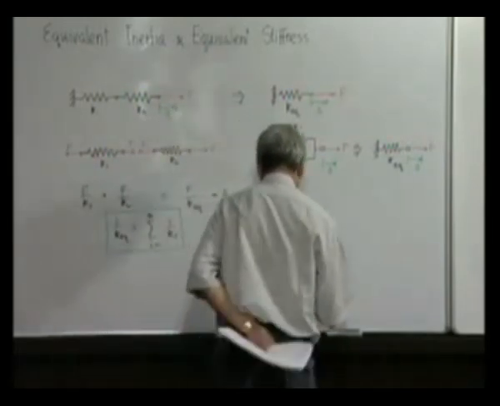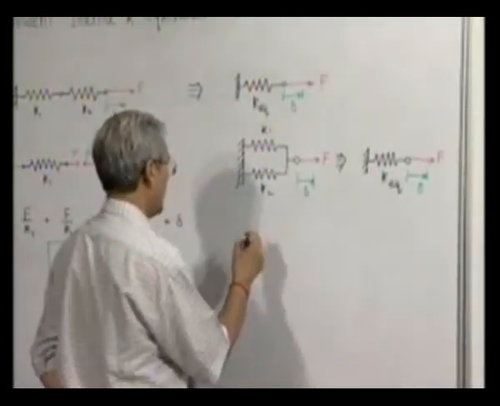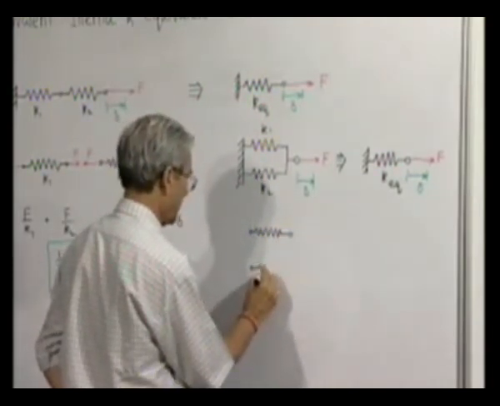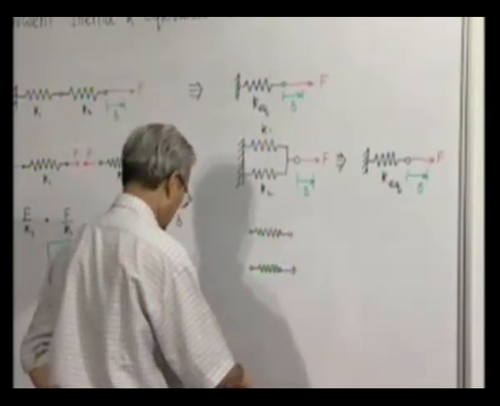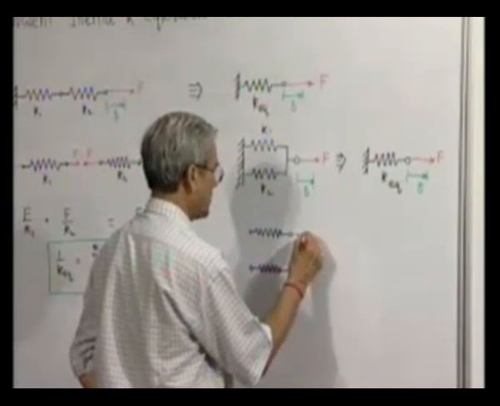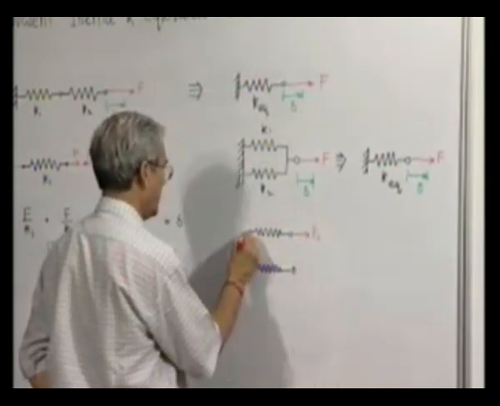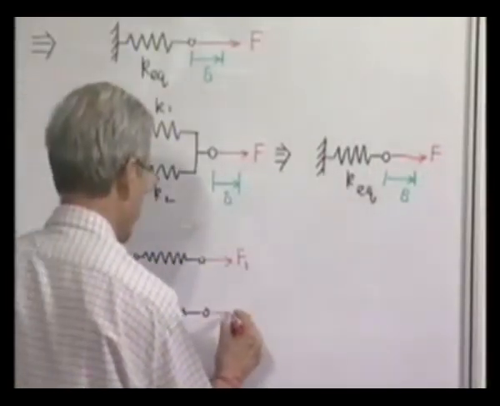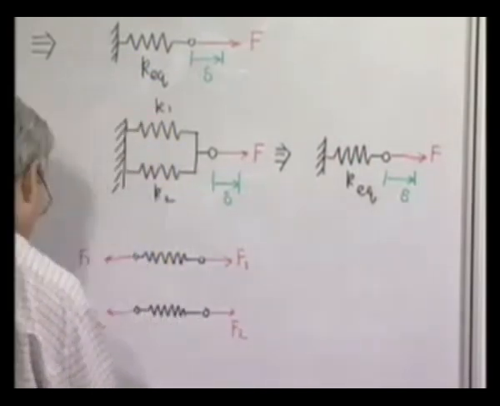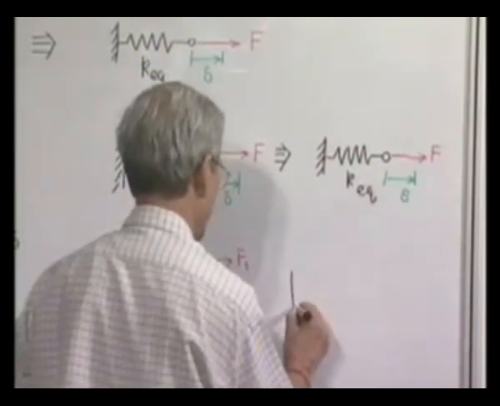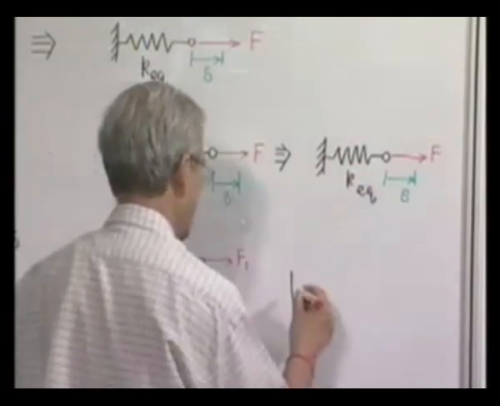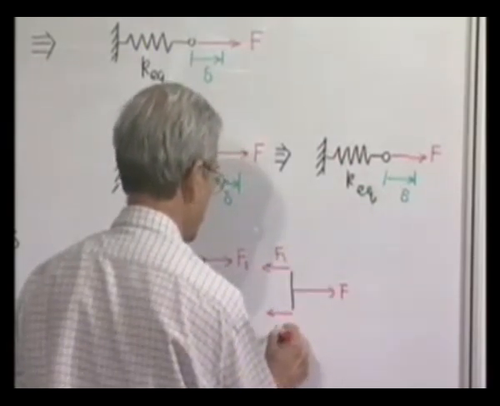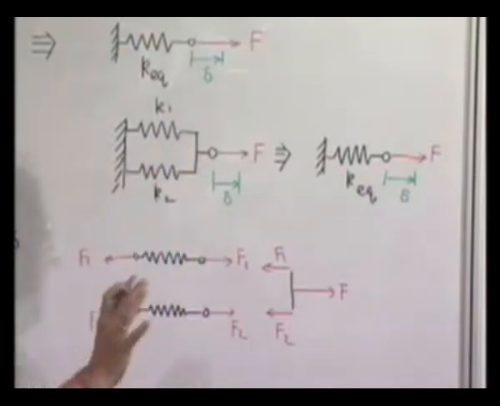Now, here you will find, if we draw the free body diagram, this spring is, suppose for example, subjected to a force F1, and this one is subjected to a force F2, and this point is subjected to F, this side F1, and this is of course massless and offers no resistance.